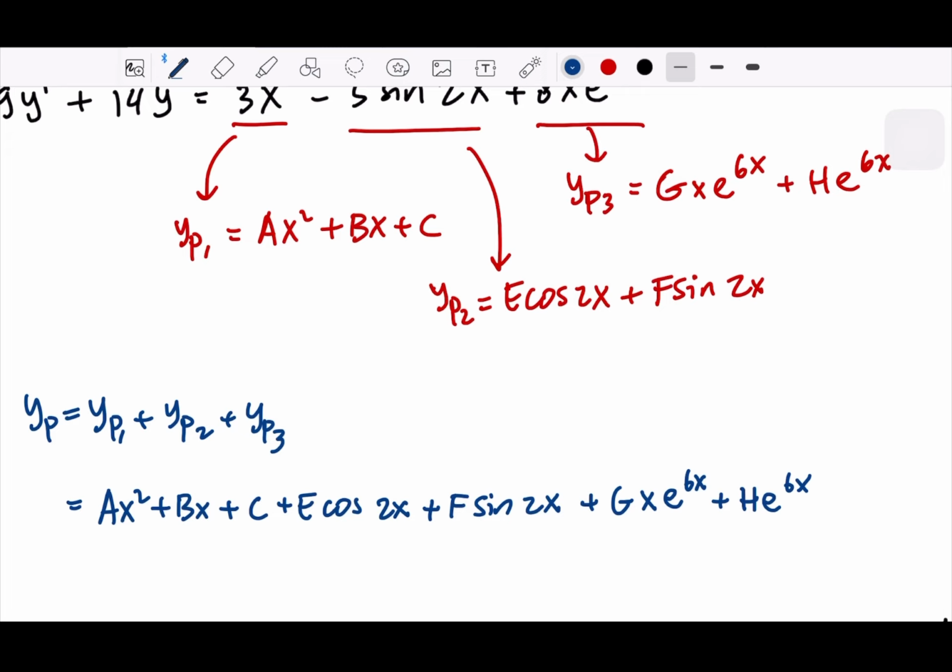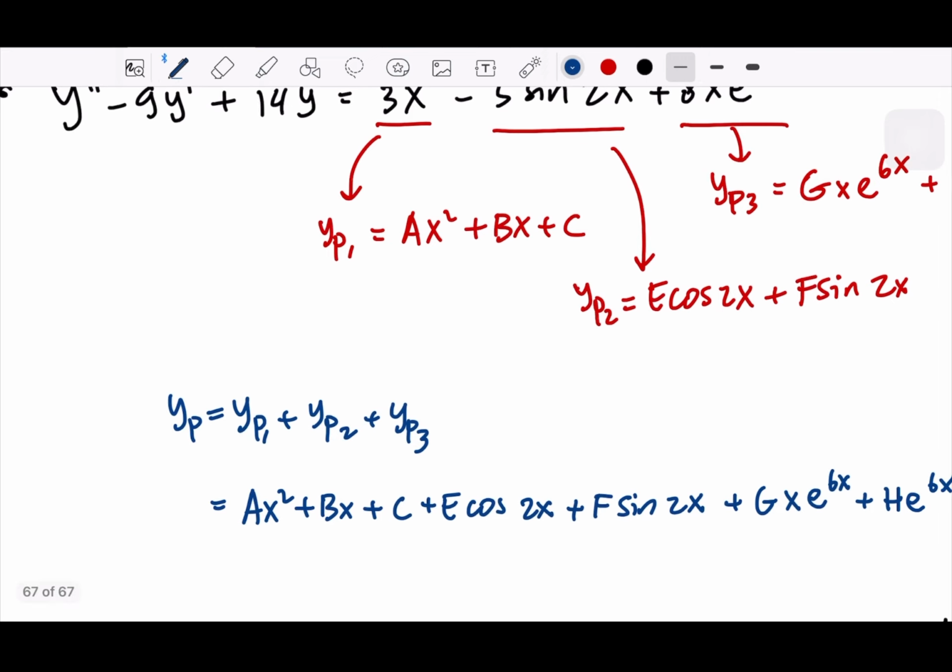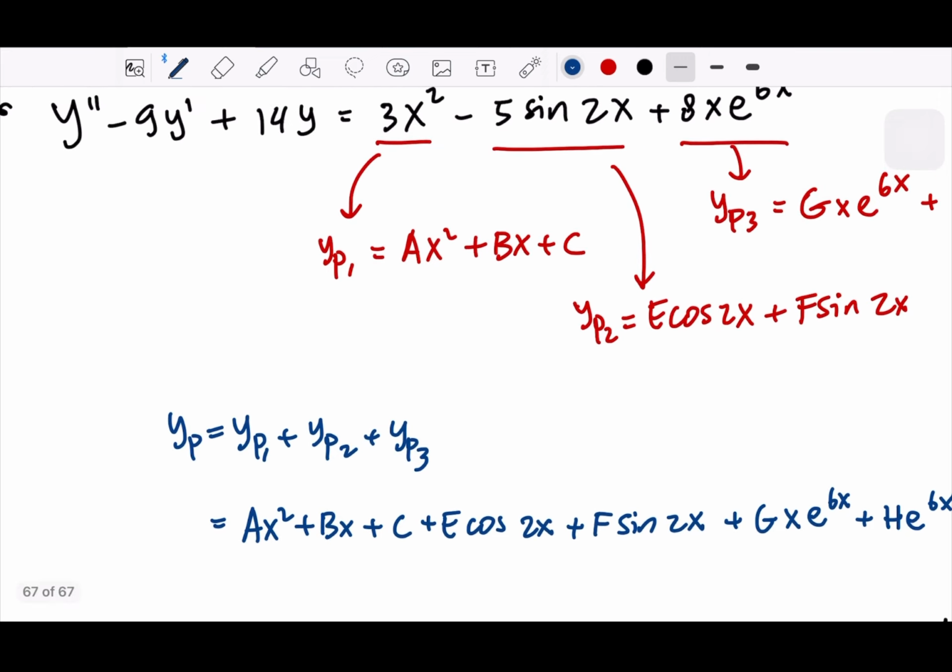Again, you can check, especially for the exponent, because the exponent is, I think, the one that might have the duplication because of the homogeneous solution. If you check the complementary solution from here, we can check right away. So m squared minus 9m plus 14 equals 0. We have, I think, negative 7, right?